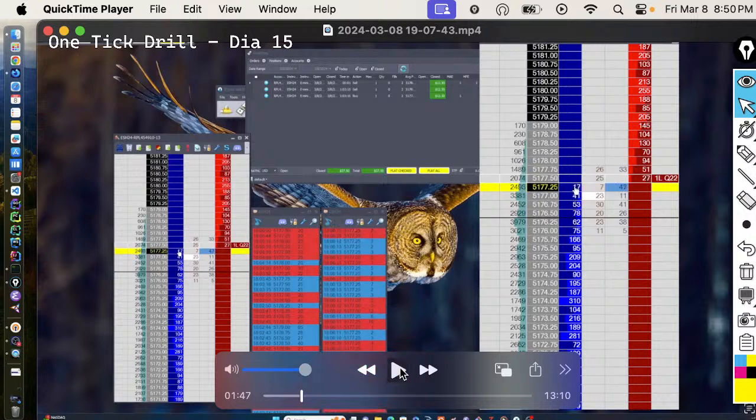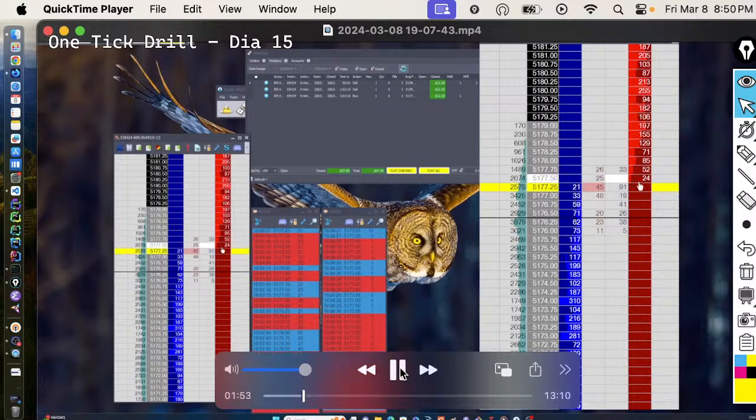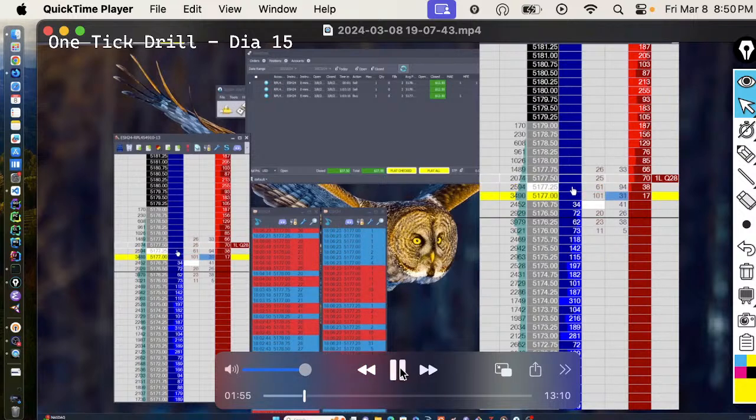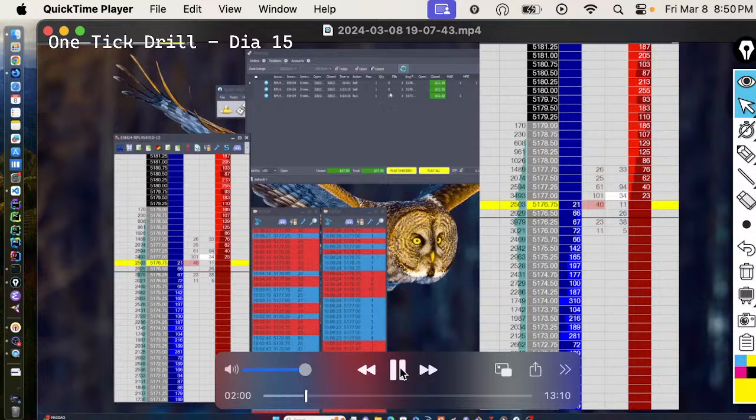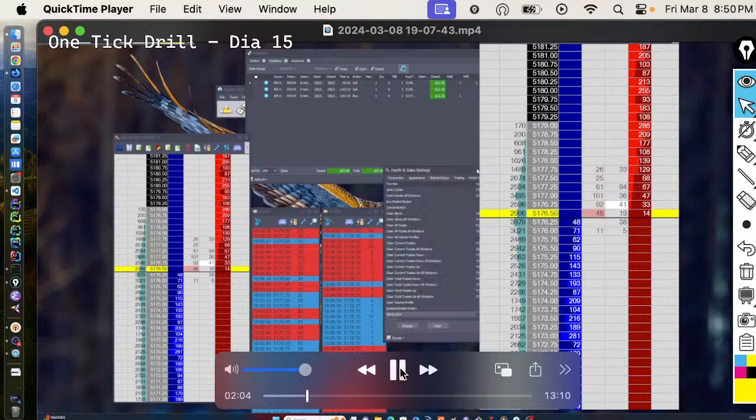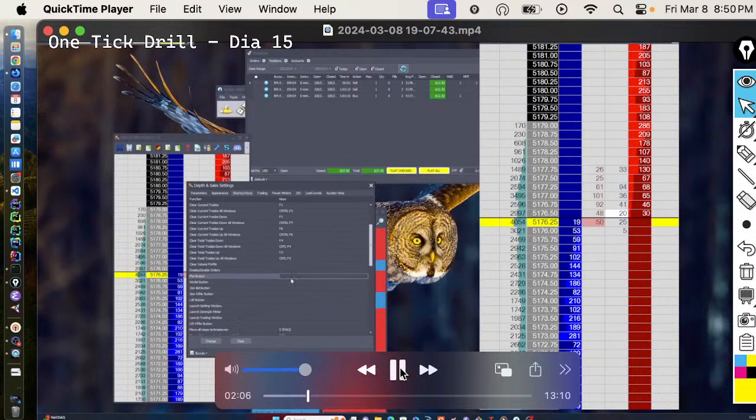I think I missed the trade before. Let's see. That thing is coming somewhere here. I put orders and I pull them out. Here I was trying to set up my shortcuts.